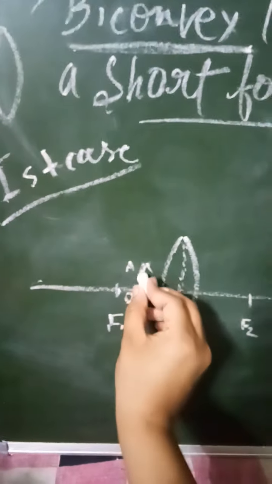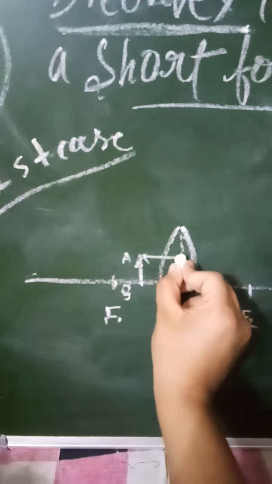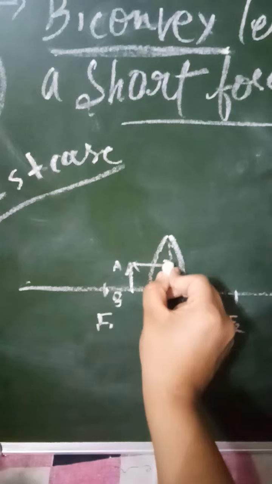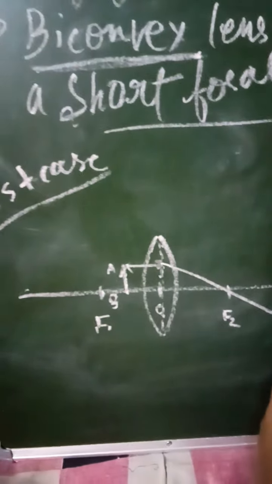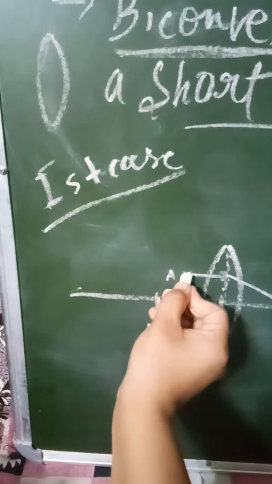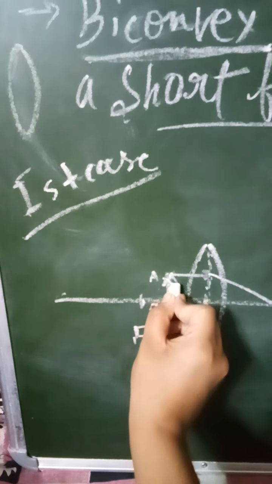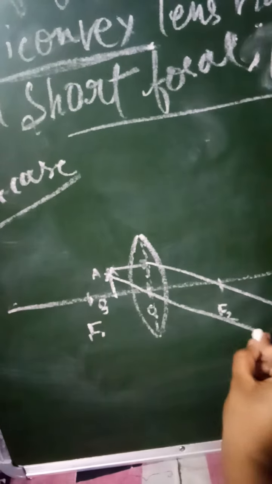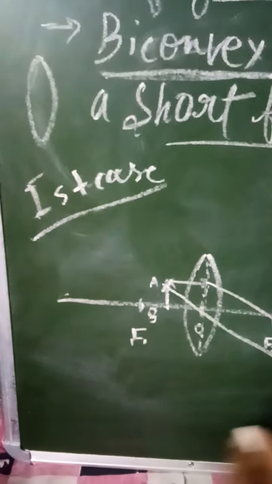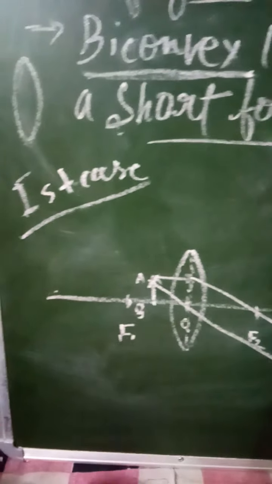Now this ray passes straight, parallel, and it will deviate and pass through focus 2, and one ray passes straight through the optical center. Where is the image formed?